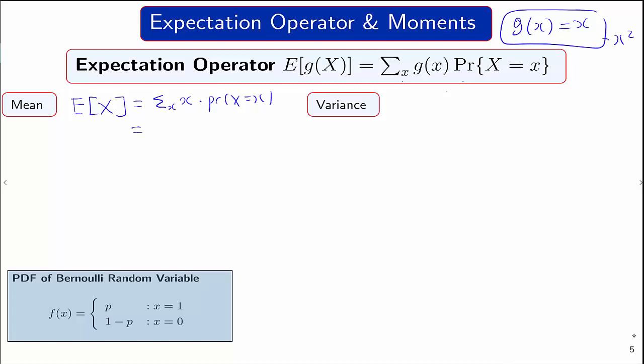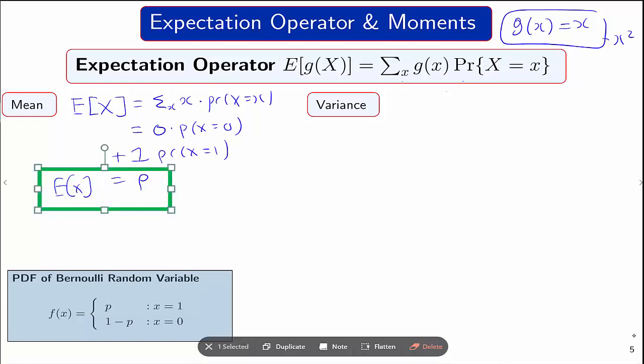So it equals 0 times the probability x equals 0, which is just 1 minus p, plus 1 times the probability x equals 1, which is p. All the other x's have probability 0. So this just equals p. The average value of x for a Bernoulli random variable is just the probability that the event occurs.